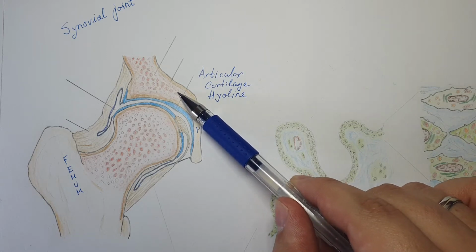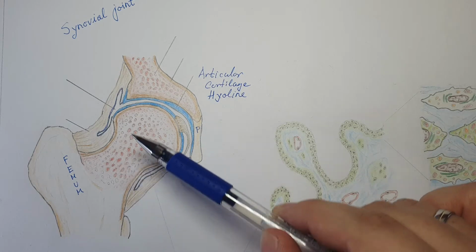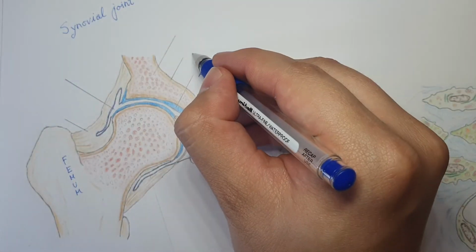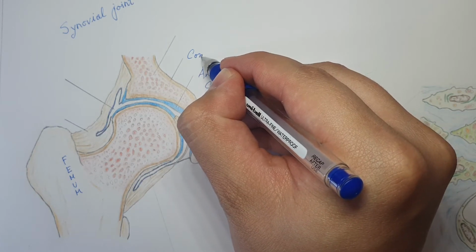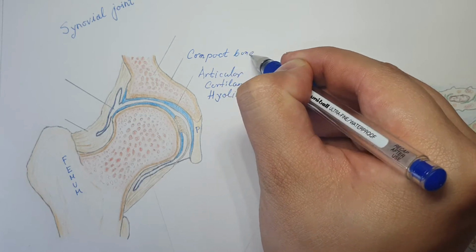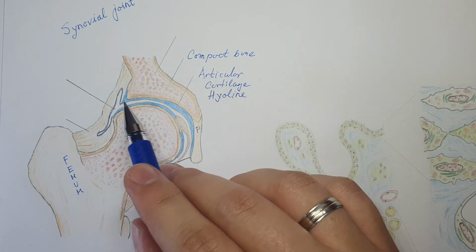Here is the acetabulum, and here is the head of the femur. And we see this is compact bone, and this inner part is actually cancellous bone or spongy bone.